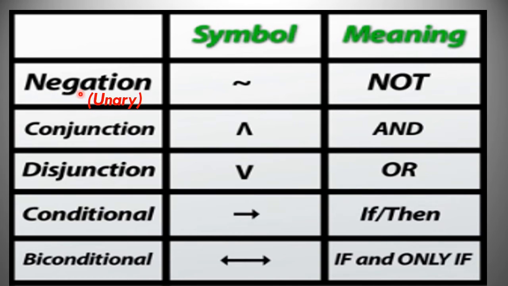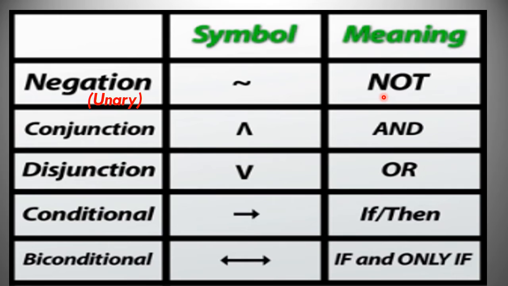That means this logical operator is applied on a single statement, and symbolically we will refer to it with a wave, and it means not. Not is the keyword which we use to negate a logical statement. Okay, that is, when you apply negation on a statement, what you do is either you add not or you remove not. Now when you see the definition in detail, you will understand it.